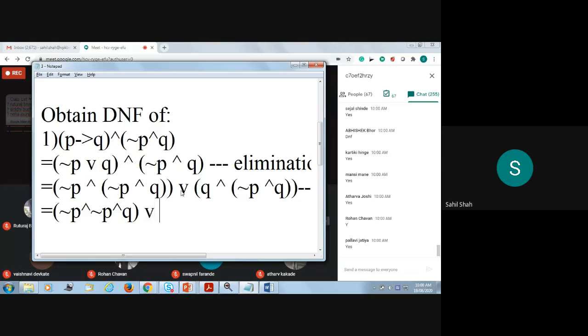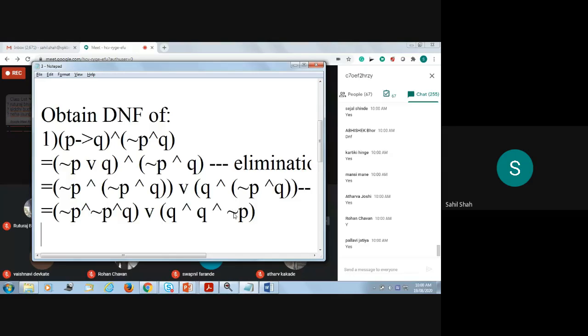Or here I may write Q conjunction Q conjunction negation P. Observe, I have made use of associativity and commutativity. Change of positions doesn't affect the final result if my connective is one and the same.